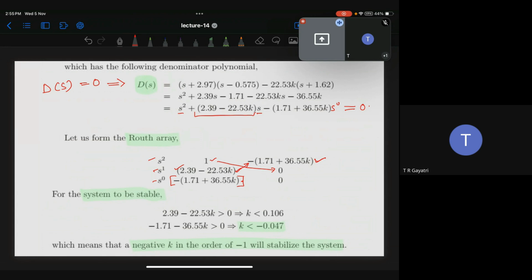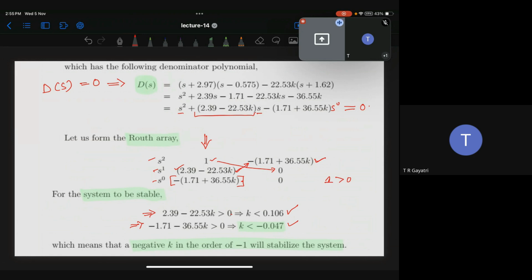Now observe the column 1 elements. Column 1 elements: 1 is already greater than 0. Then 2.93 you are taking greater than 0, the other term also greater than 0. The first one is giving K is less than 0.106. The second one is giving K is less than minus 0.47.